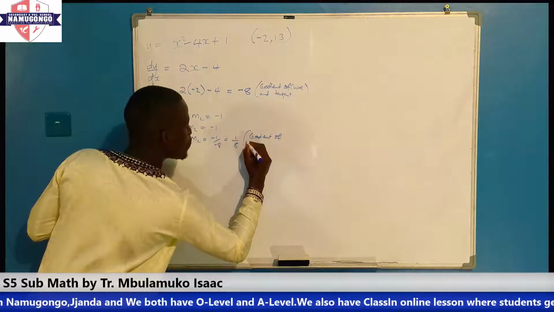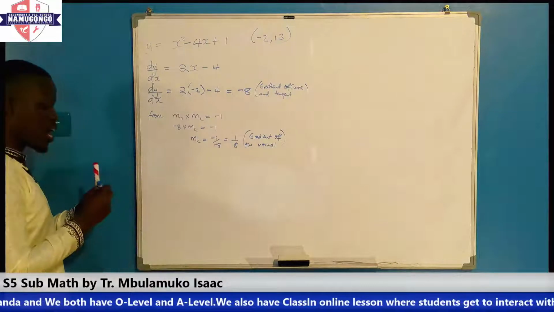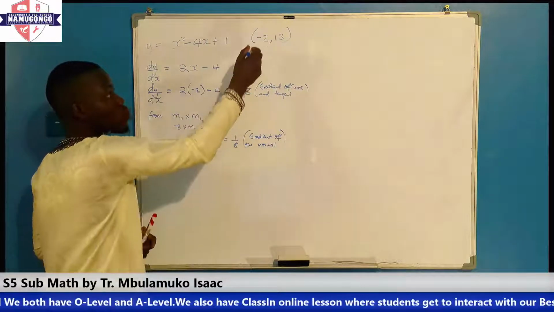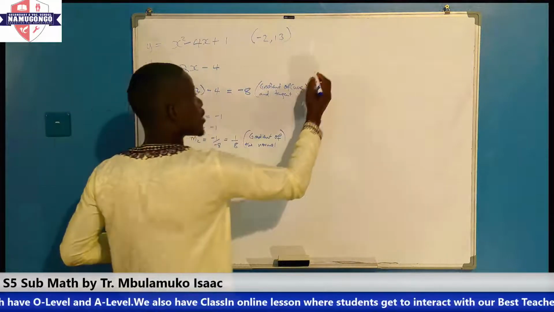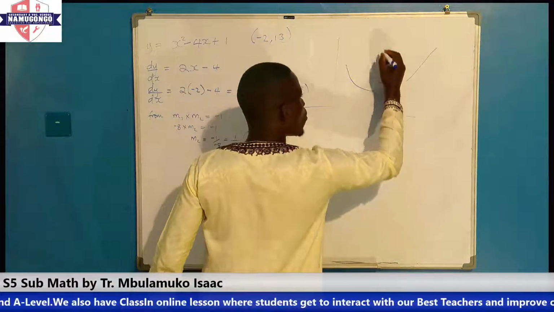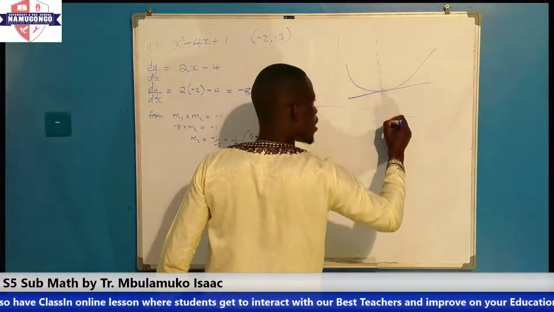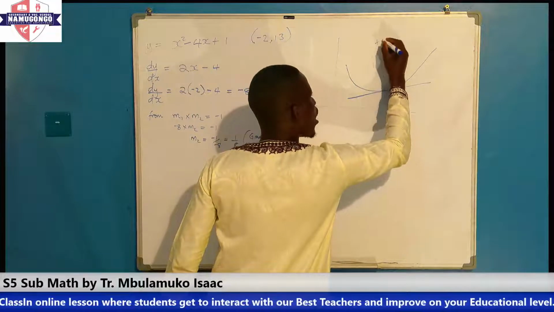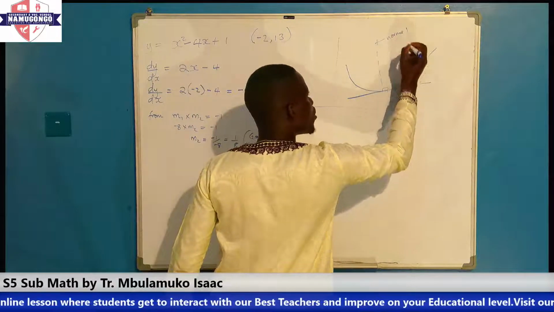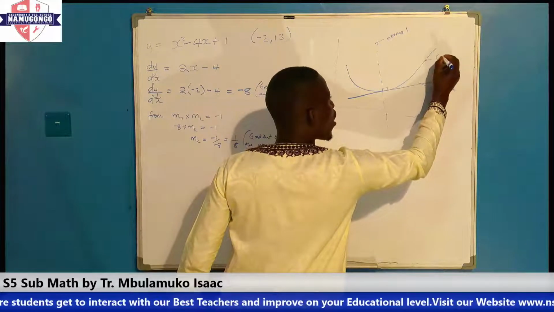So this is now the gradient of the normal. Now we have the gradients of these lines and where they meet, because all of them are meeting at that point. We have that curve, we have the tangent, and we have the normal. So this is our normal, this is our tangent, and this is our curve.